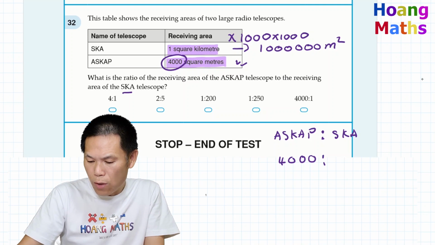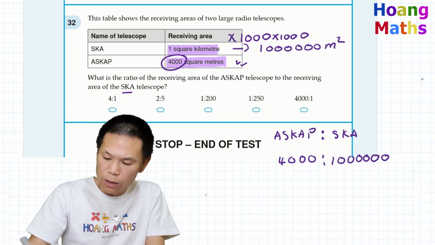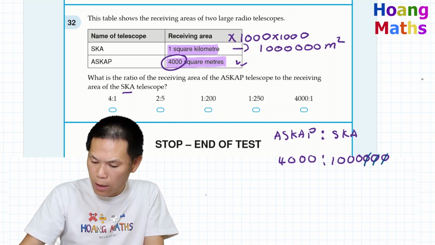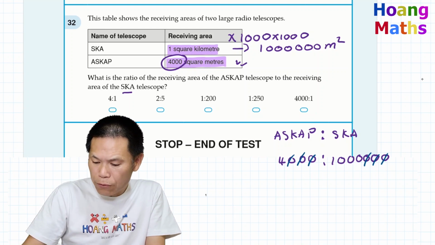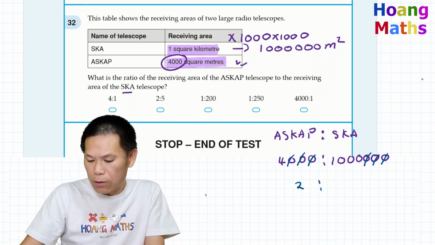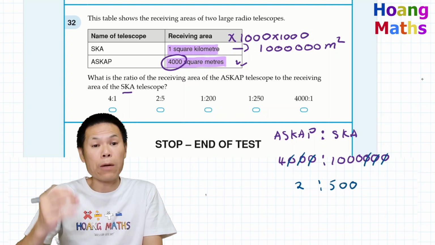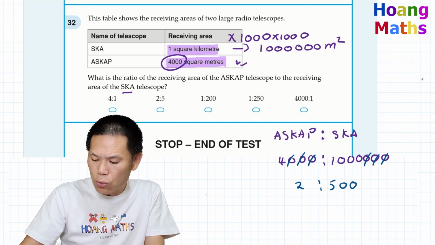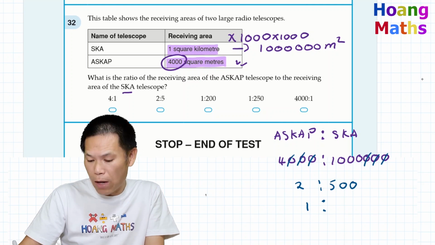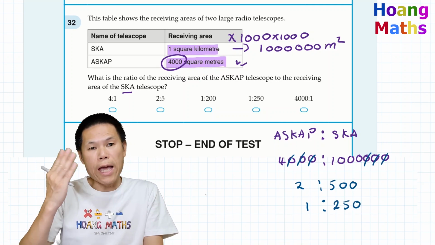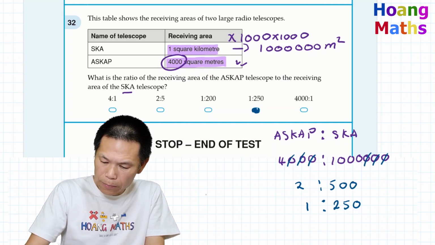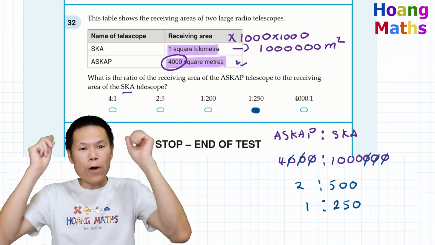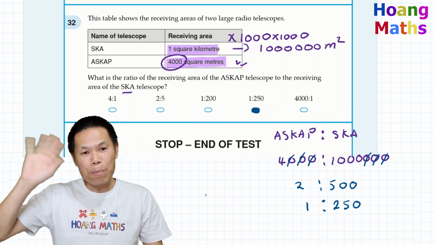So 4,000 to a million. Now I simplify this by cancelling 3 zeros each: 4 to 1,000. Half of this becomes 2 to 500, and then we can simplify further: half of 2 is 1 and half of 500 is 250. So the answer is 1 to 250. That should be the answer. There you go, and thank you so much for watching. Bye.